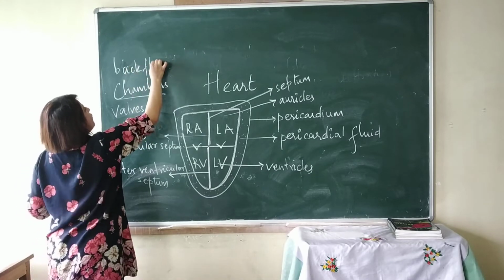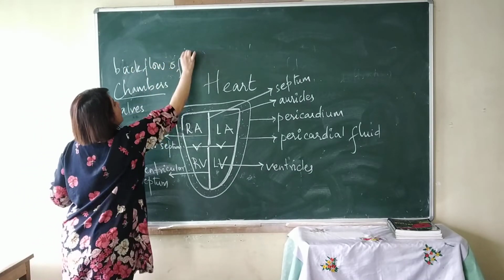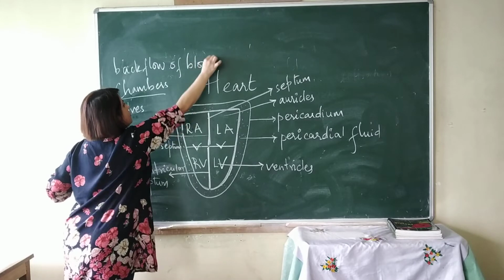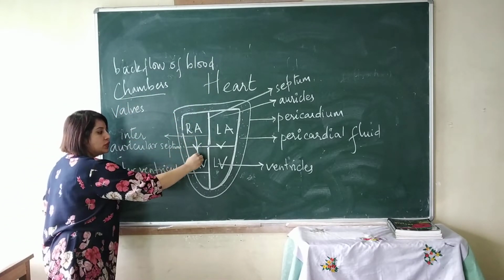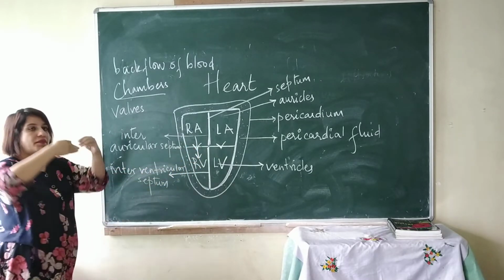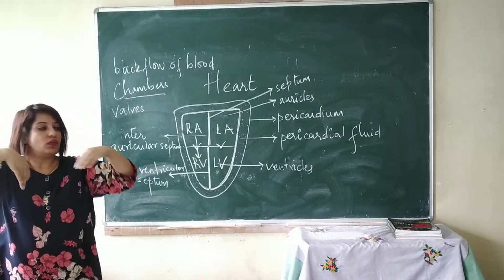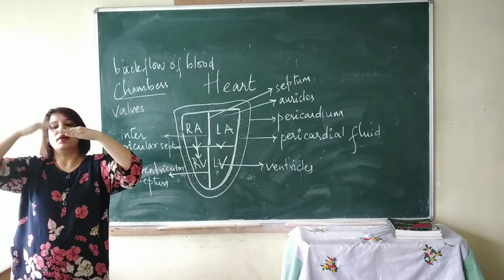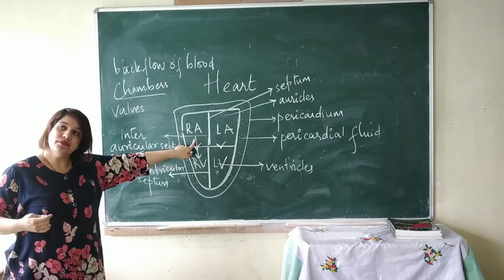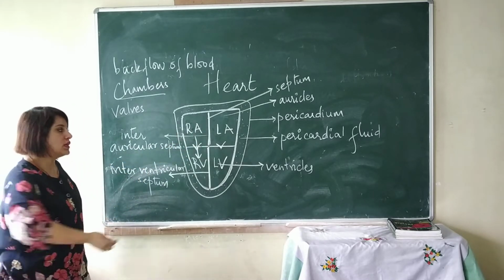So when blood passes from the right auricle to the right ventricle, the valves open. Then once the right ventricle is full, it closes. Now the blood can't go back to the right ventricle because of the valves.